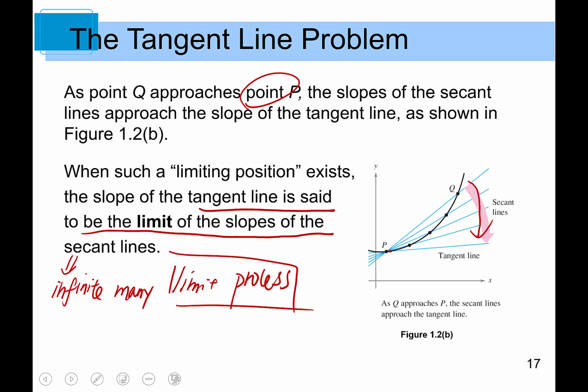The key thing is just moving point Q as close as possible to point P. This is point Q. Eventually you come infinitely close to point P. And that's how you determine the equation of the tangent line.